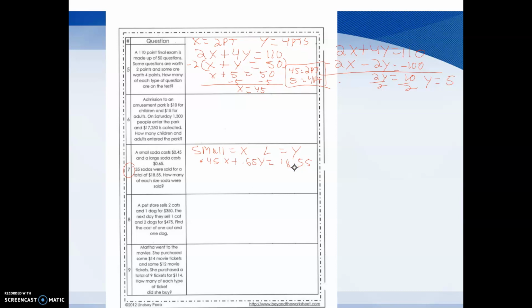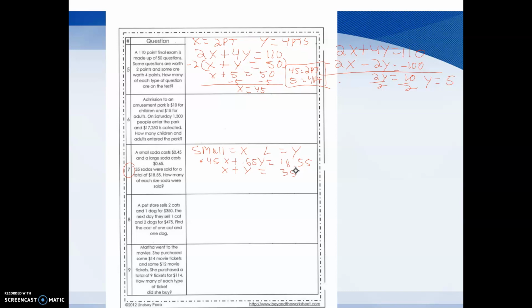So we sold how many sodas altogether? 35. So we have some small ones plus some large ones equal 35. Now again, you have a couple of options of how you want to do this. All right. You know, I said I was an elimination fan, so I was going to just go ahead and do an elimination, which meant I can either cancel out the small sodas or the large ones.